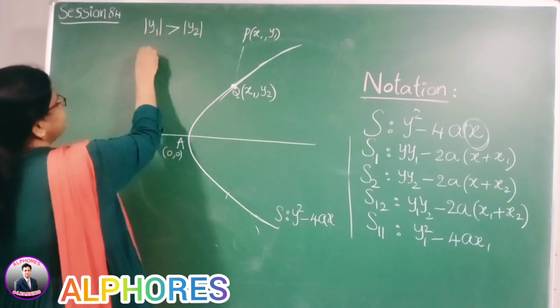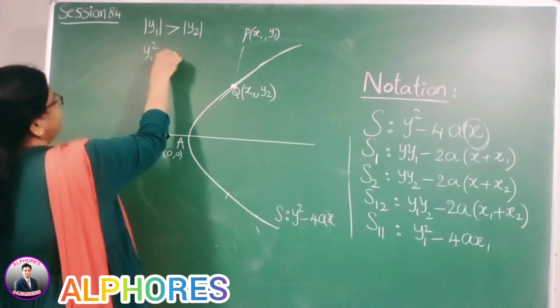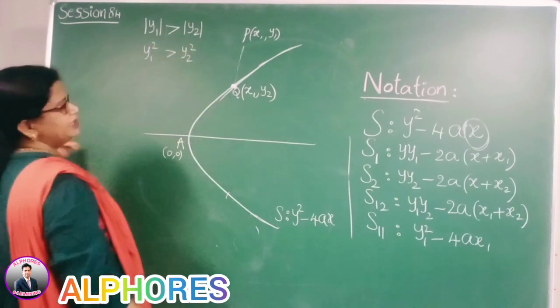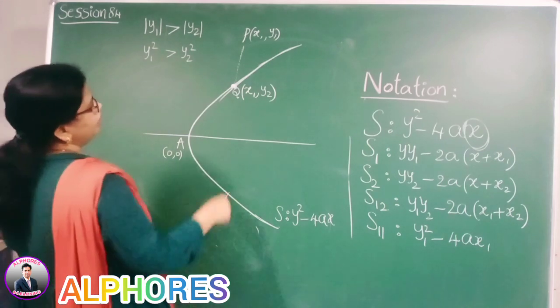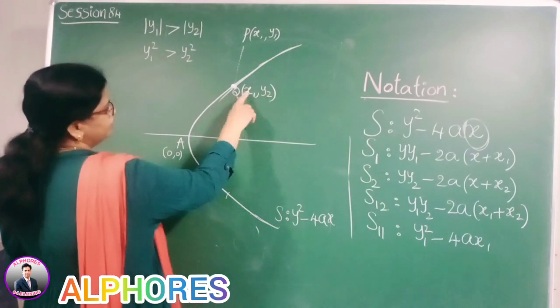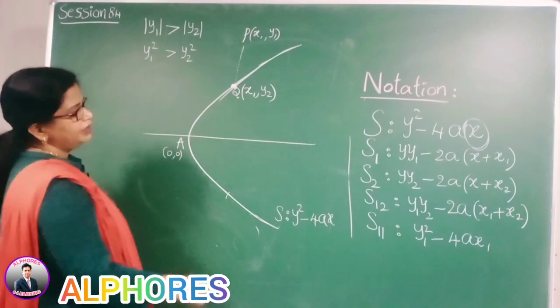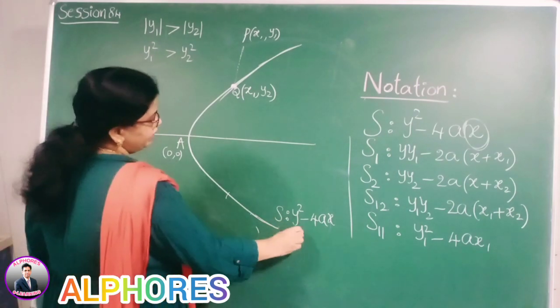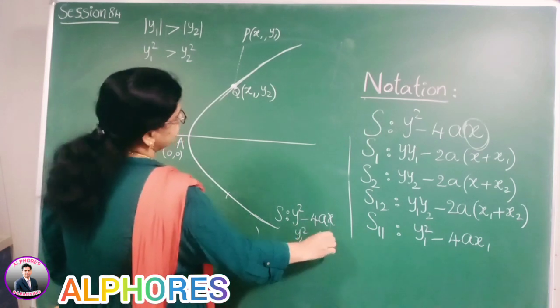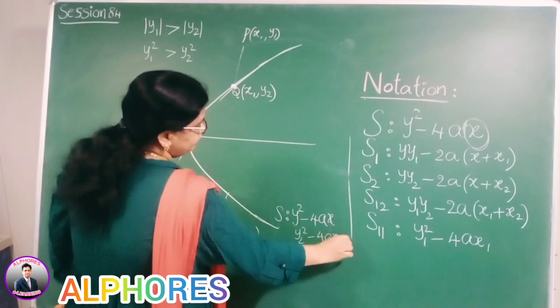Now once this is the value, we are squaring both the sides, okay: y1 square is greater than y2 square. And now what is y2 square? This point is on the curve, therefore it has to satisfy the equation. So y2 square minus 4a x1 is equal to 0.